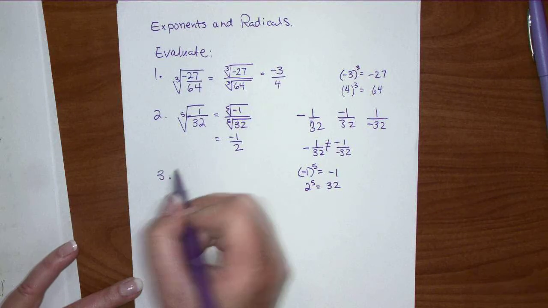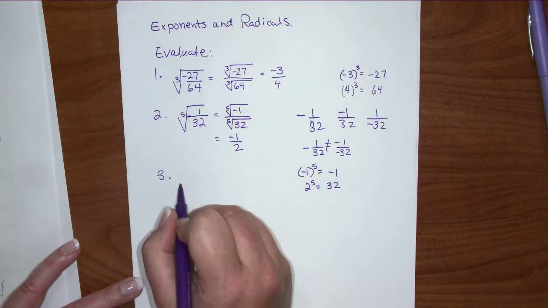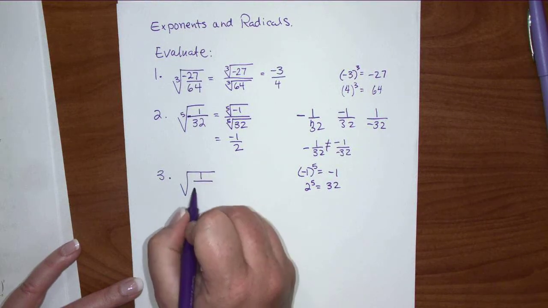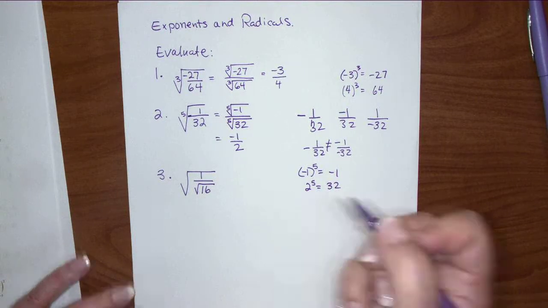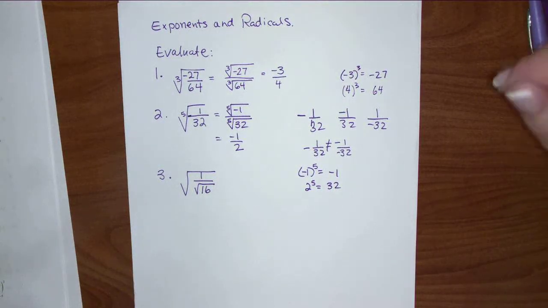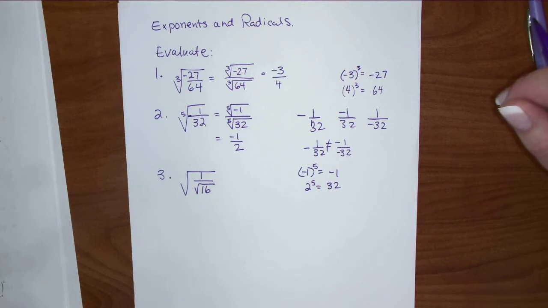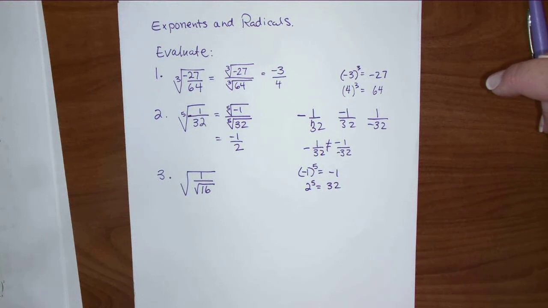Okay, what if we end up with something like this? That's called a nested root, or a nested radical. Means it's inside the other one. So what would we do first? Yeah, the inside one, which would be square root of 16, is what? 4.